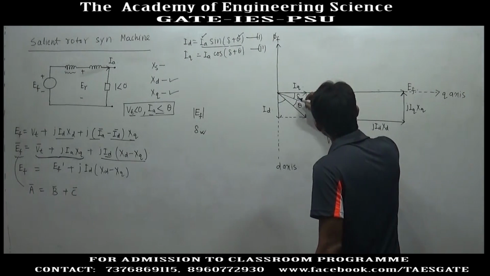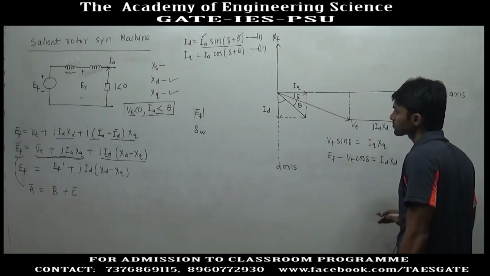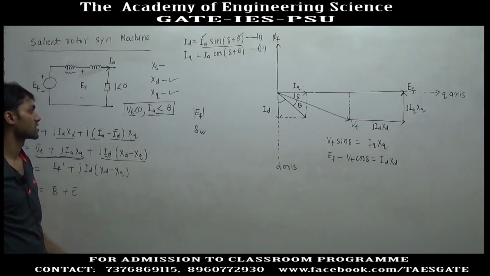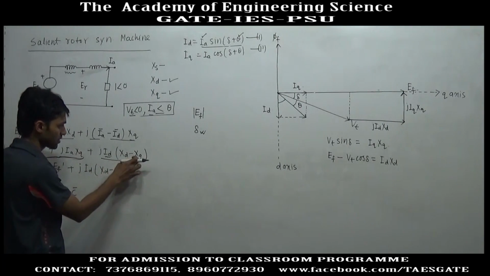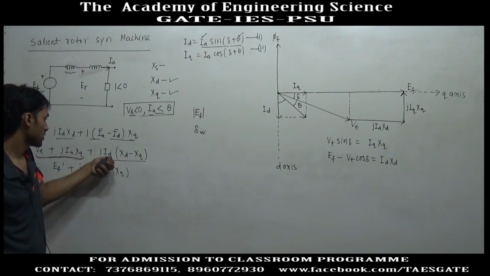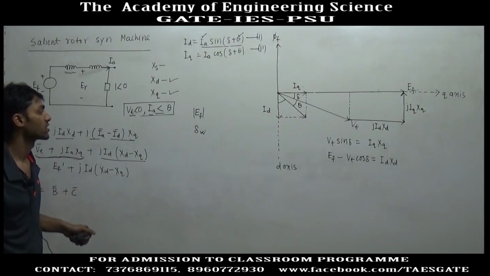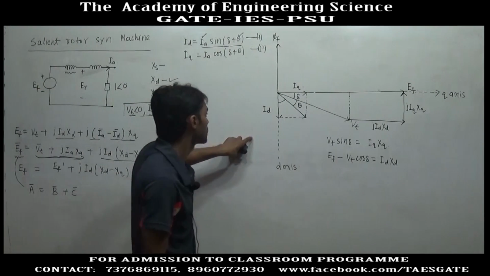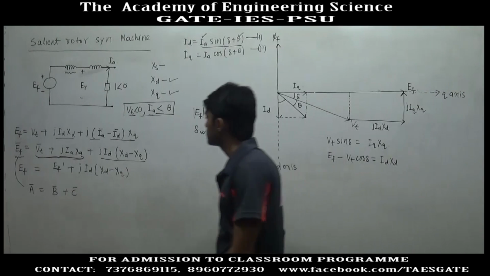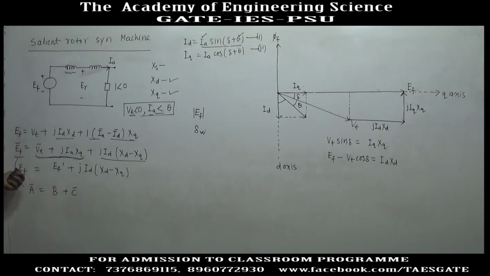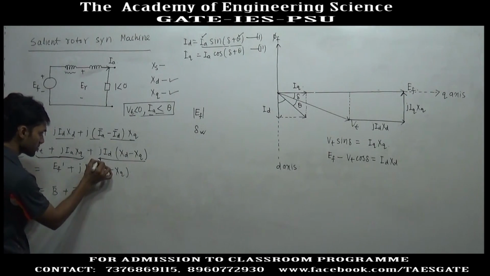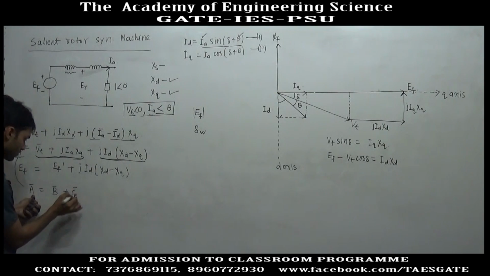EF is in this direction. This is delta angle from Vt. What is the direction of JId into Xd minus Xq? Xd minus Xq is a scalar, so we have to see the direction of JId. The direction of Id is downward, so the direction of JId will be along EF. So this is in the direction of EF, and the vector C is also in the direction of EF.